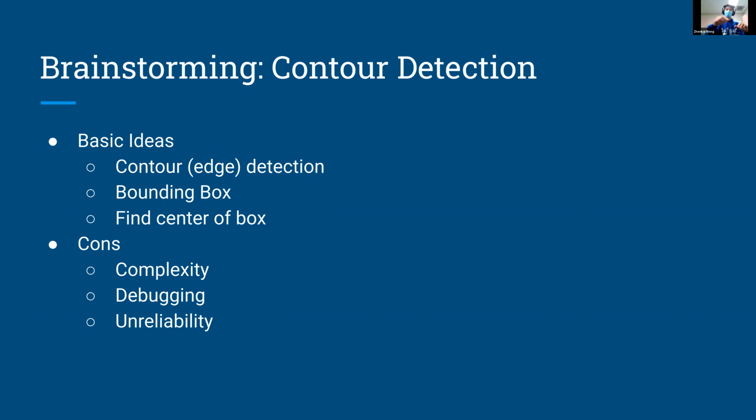And if there's a continuous set of edges, then you know that's probably some kind of shape, right? And you're trying to find if there's a possible bounding box around this set of edges. And if there is, then you try to find the center of that box. And based on the center of that box, if it's on the left, then it's the left barcode, and so on and so forth.